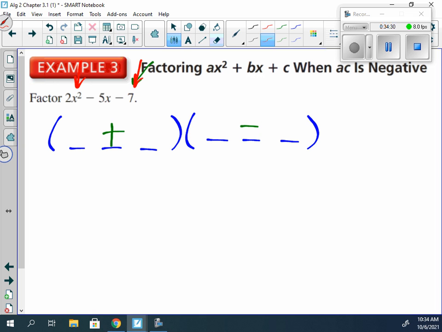Now we need to find our factors. 2x squared should have 2x and x. The factors of 2 are 1 and 2. So I'm just going to throw a 2 down first. And we don't necessarily have to write the 1 in, because 1x or just x is the same thing. Factors of 7.